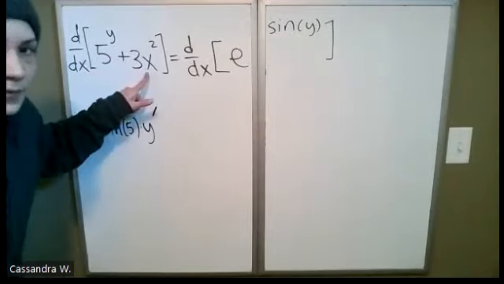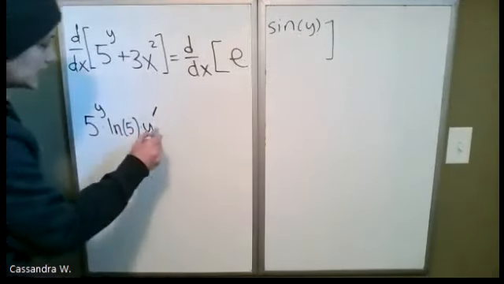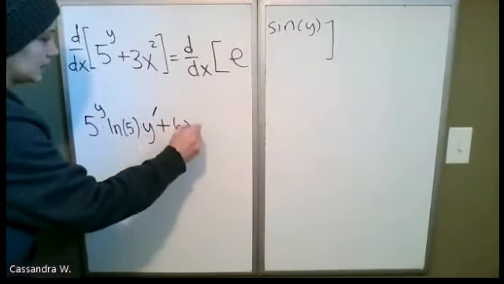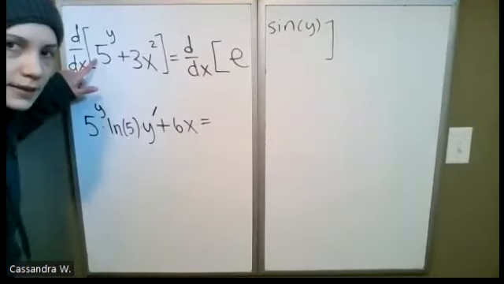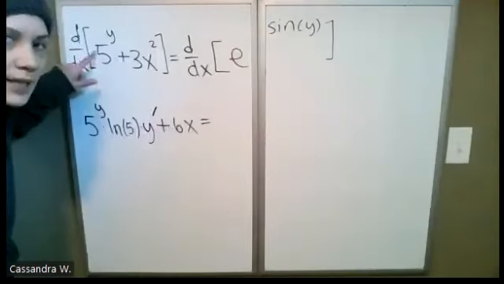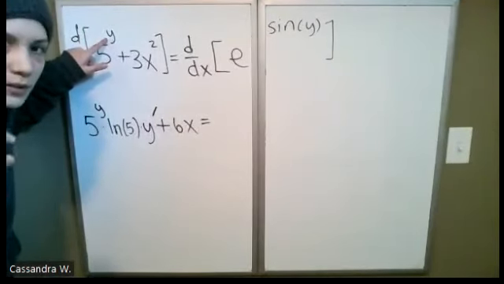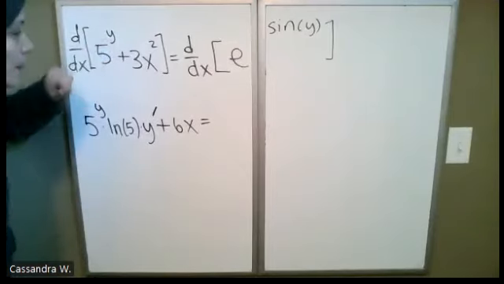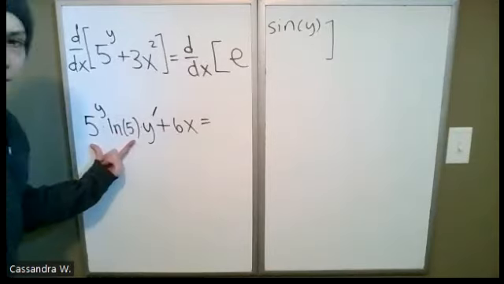So x is just an x, and you use the power rule. And we've got 6x. Wait, when do you use the exponential rule? We did that one right here with 5, and as your exponent is your input from the function. So we use the exponential if the power is not a number, right?